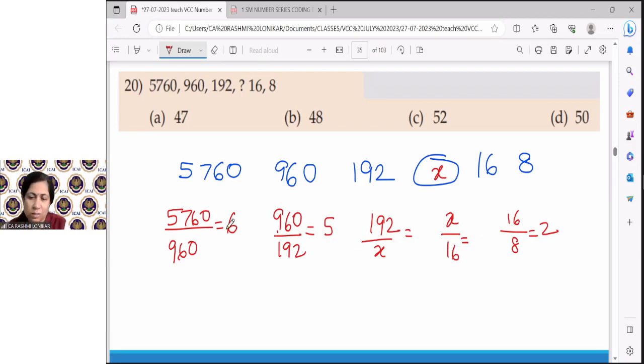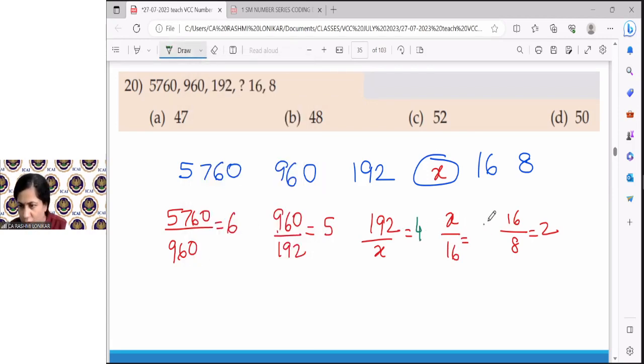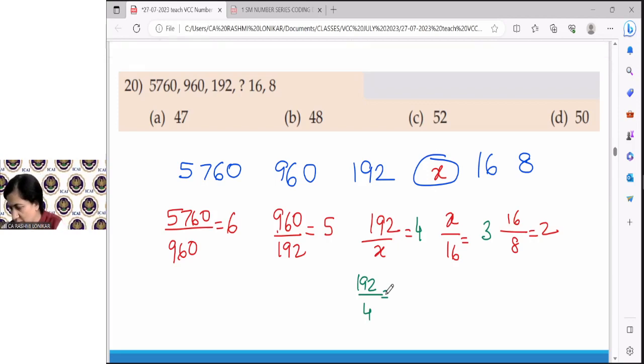You can see 6, 5. So you should get a 4 here, a 3 here and 2. So 6, 5, 4, 3, 2. So 192 divided by something is giving me 4. 192 divided by 4 gives me 48.